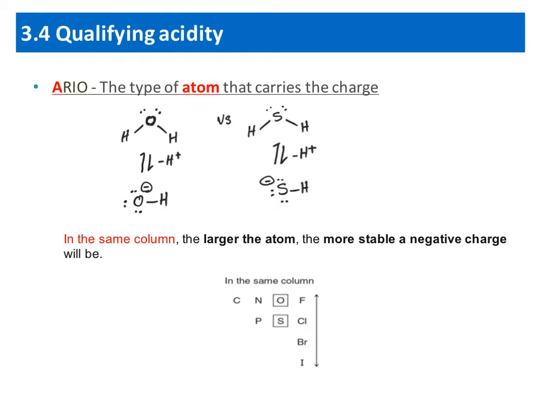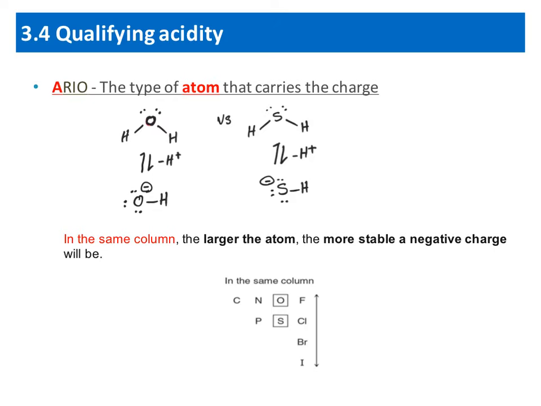So if you look at the periodic table, oxygen and sulfur are in the same column. So when atoms are in the same column, the size is an important factor for stabilizing the conjugate base.